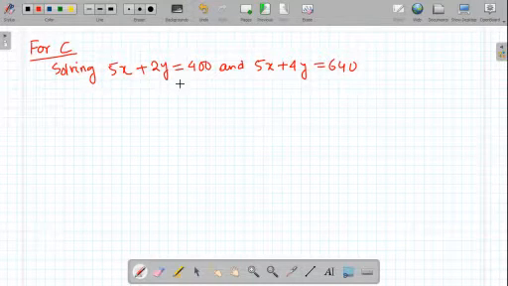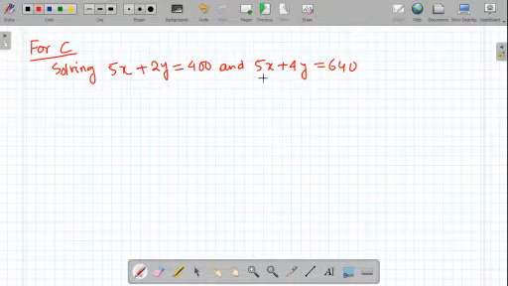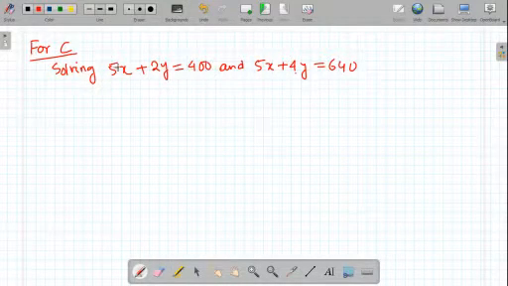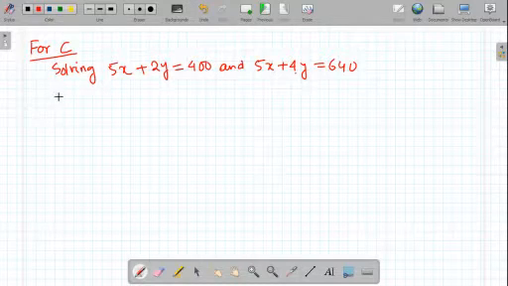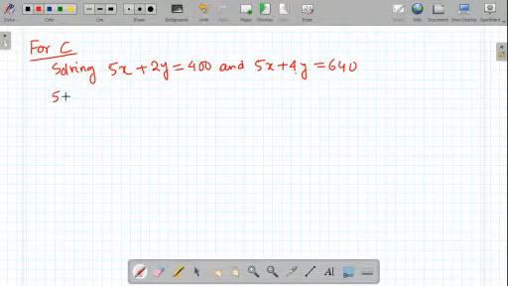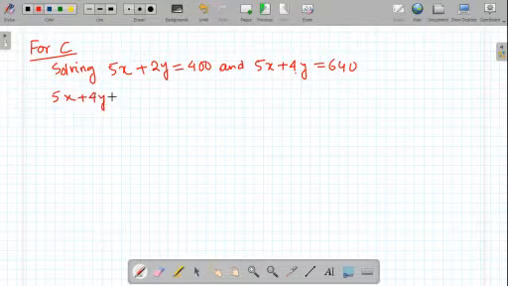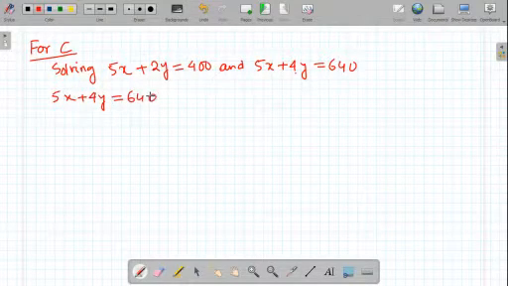Now how to solve here? Coefficients of x are equal, right? So simply we can subtract, right? So let's see, from this equation subtract this equation. So 5x plus 4y equals 640.